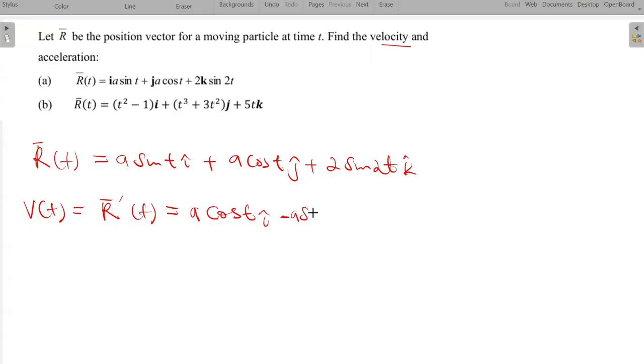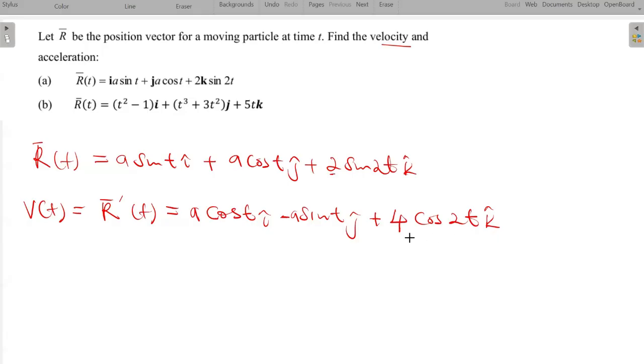This is a negative a sine t, that's for the j component. Then this one, we have 2 sine 2t, so differentiating sine 2t gives me cosine, so I have plus cos 2t, but this is now the chain rule, so I differentiate the 2t, which gives me 2, then the 2 multiplies with the 2 in front, and I get a 4.